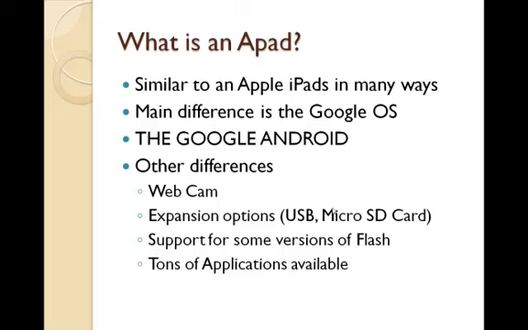You can save your songs and videos in jump drives and use them on your aPad device. Now, the iPad doesn't have this yet, and this is a striking difference between the two devices. And I tell you, if you have a high definition movie that you have on your jump drive, you can quickly attach that to the aPad, and it works. So that is a key difference between the two.